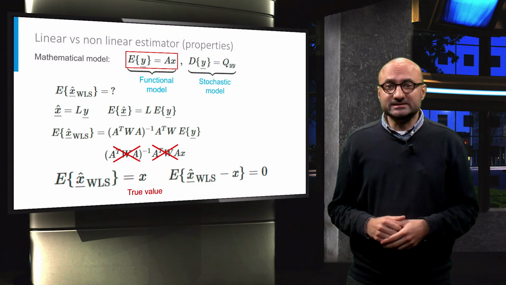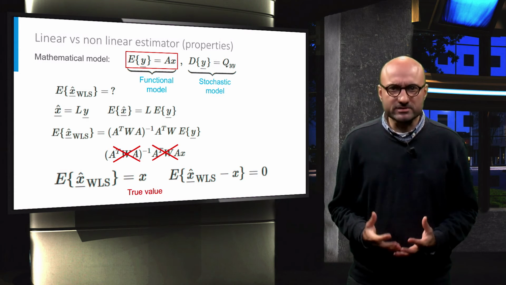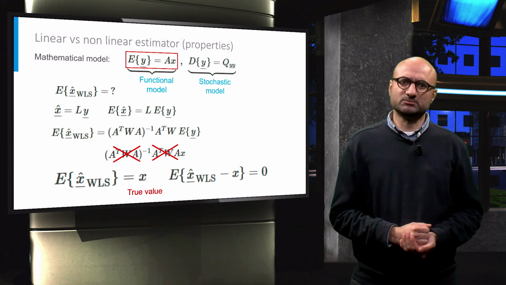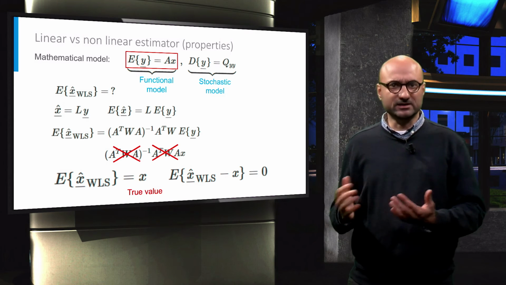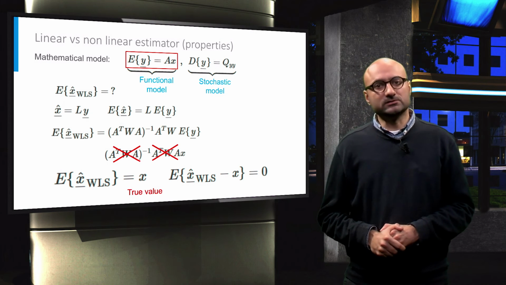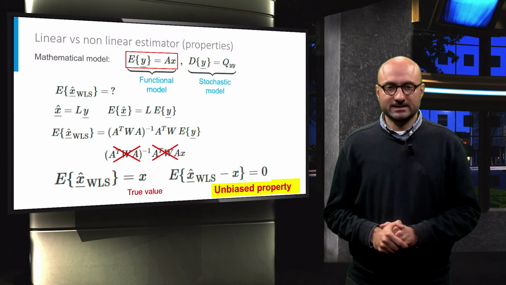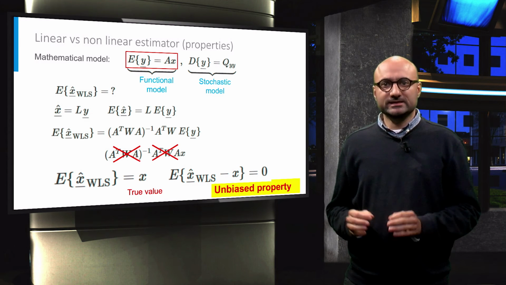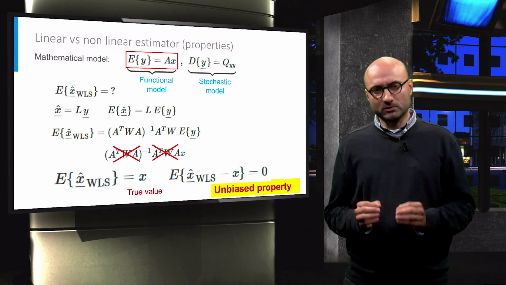It means that the mean of the estimation error is 0, which is indeed a desirable property. This property of the expectation of x hat equaling the true value is called the unbiased property. That is, our estimator is unbiased, and statistically its mean should be equal to the true value.